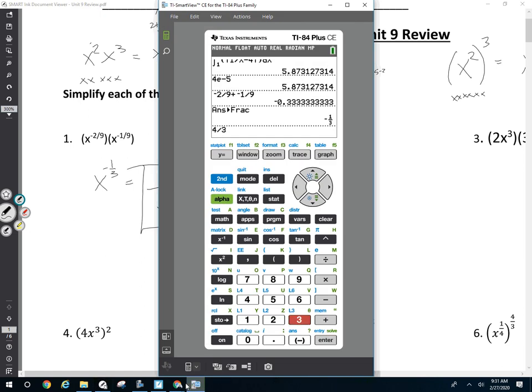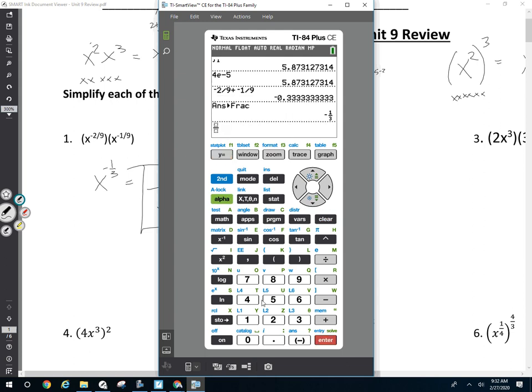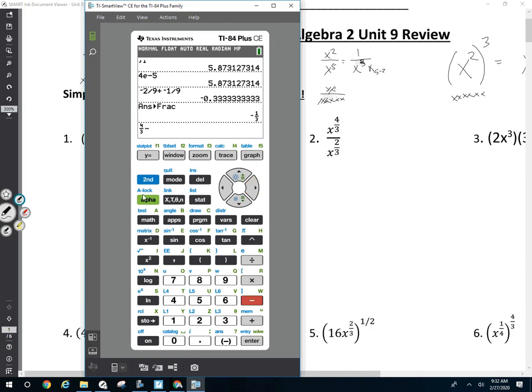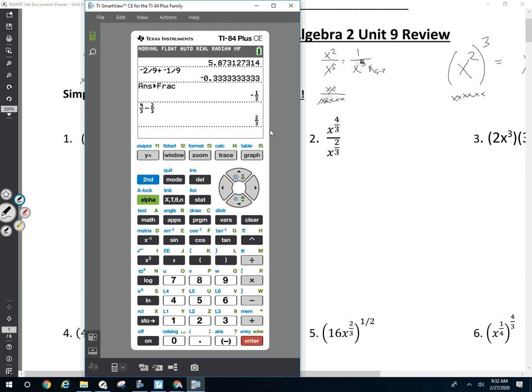Let me just use the alpha F1 if you want to see that. 4/3, and then minus 2/3. I guess you get your answers in terms of fractions. So we end up with x to the 2/3 over 1, or just x to the 2/3. Either is correct.